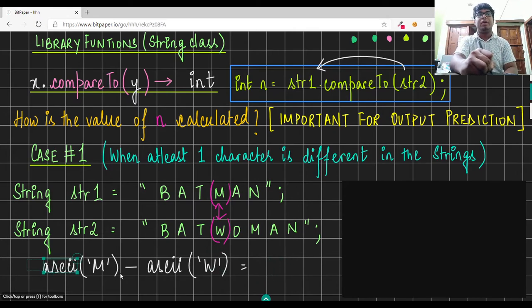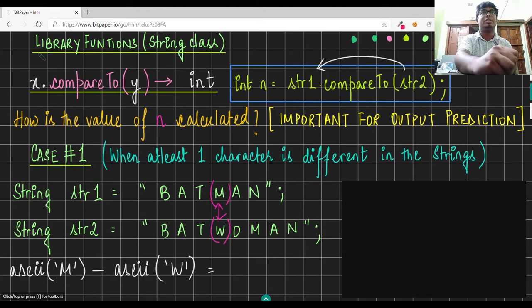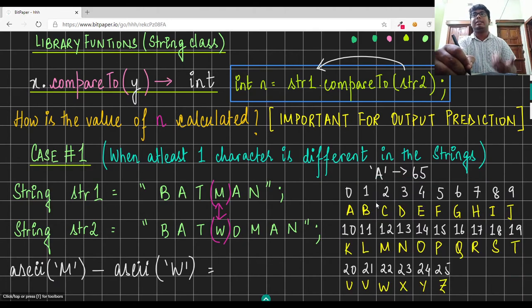Well, we already know that the ASCII of capital A is 65, right? I don't have any space to write that, so let's write it here. The ASCII of capital A is 65. Now here I have made a small table that contains letters from A to Z with numbers from 0 to 25.